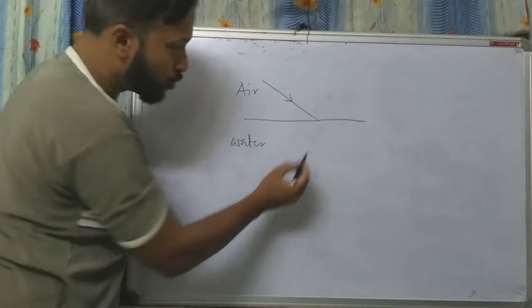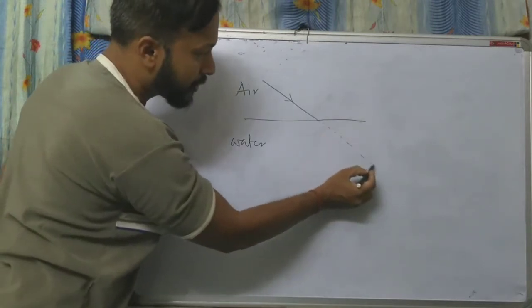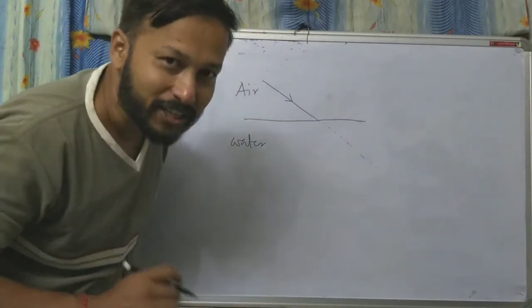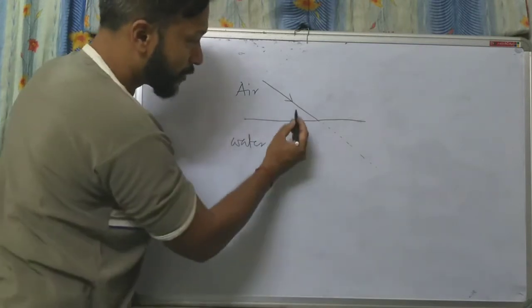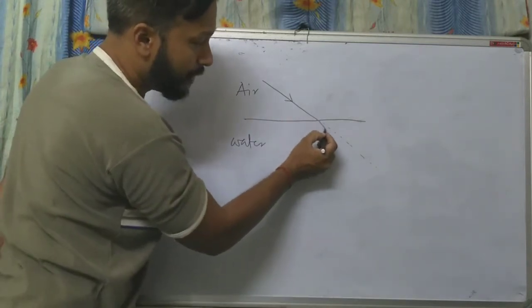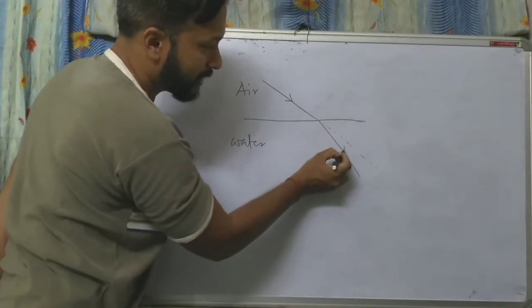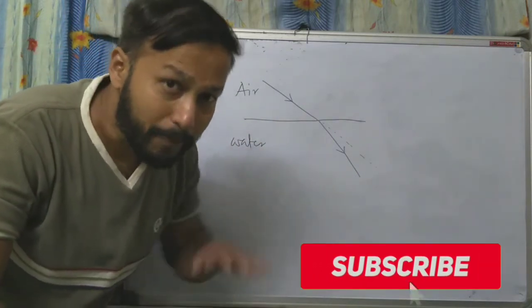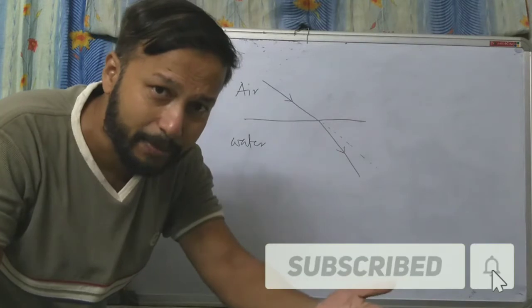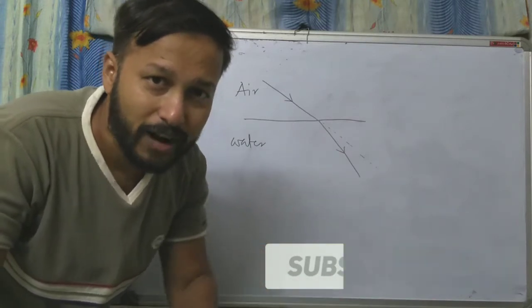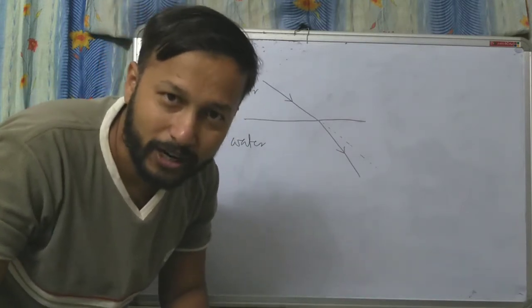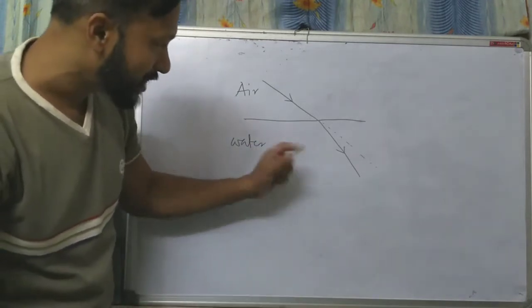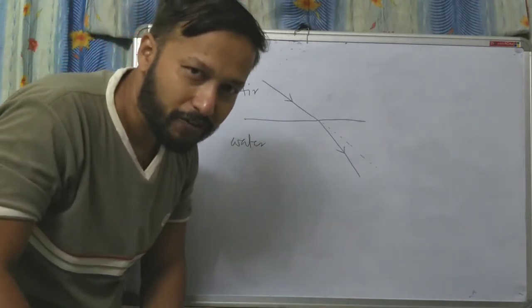So it is supposed to go straight. But it will not go straight. You will notice that the ray of light will bend this way. Yes. So when a ray of light bends when it enters another medium, this phenomena of light is called refraction. We already discussed. So this is the drawing of refraction of light.